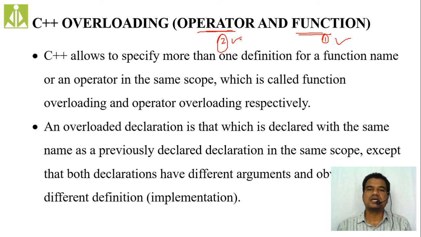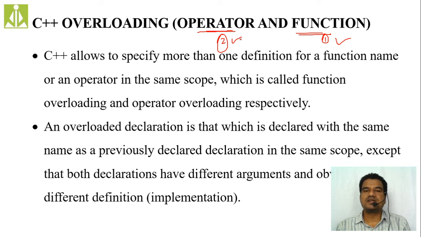Just by differing in the type and number of parameters that we pass to that function, not in terms of return values, but only in terms of the type and count of the parameters.